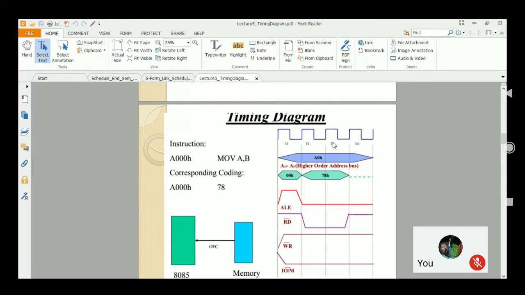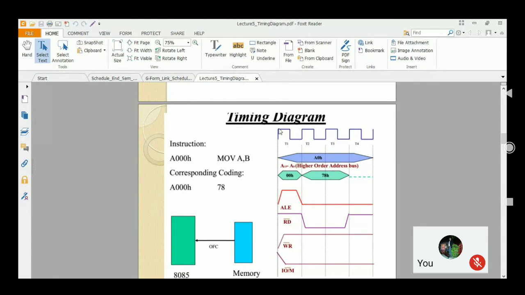So look here, we have different clock cycles. This is one clock cycle, this is the second clock cycle, this is the third clock cycle, and this is my fourth clock cycle. Each has a high and a low in one clock. For one cycle there is one up and one low phase, as in a sine wave.